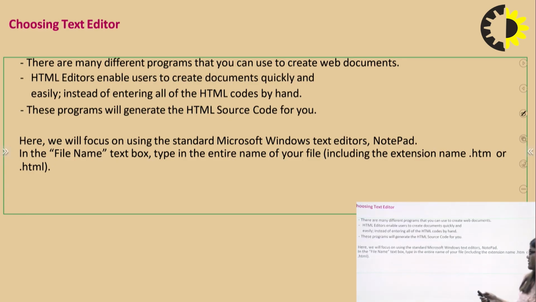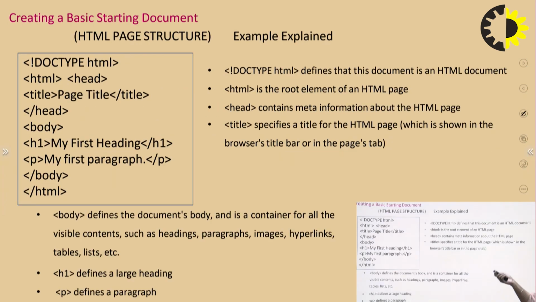Next, creating the first program. This is the doctype HTML. This HTML programming is enclosed within a doctype HTML. The doctype is optional, but it is always recommended whenever we are writing any HTML program, so we should write this doctype HTML.